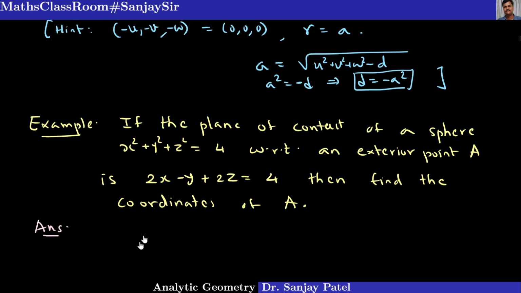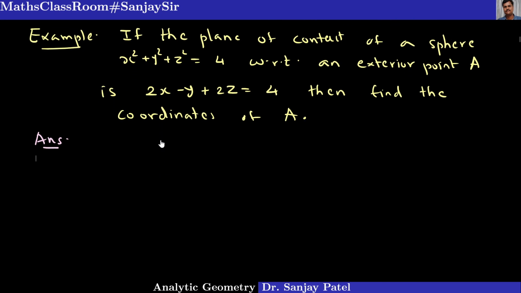So understand this problem. If a plane of contact of a sphere x square plus y square plus z square is equal to a square, suppose the point A is x0, y0, z0, which is an exterior point.